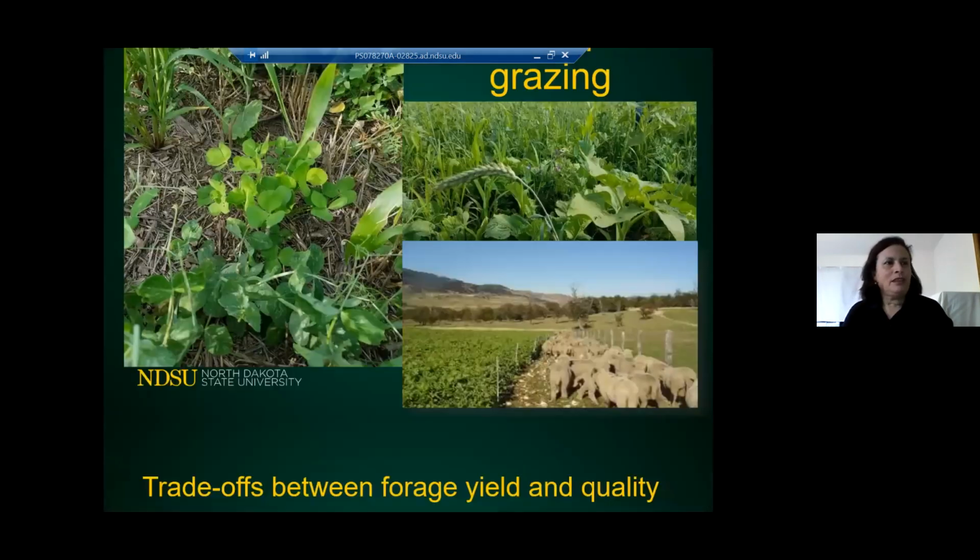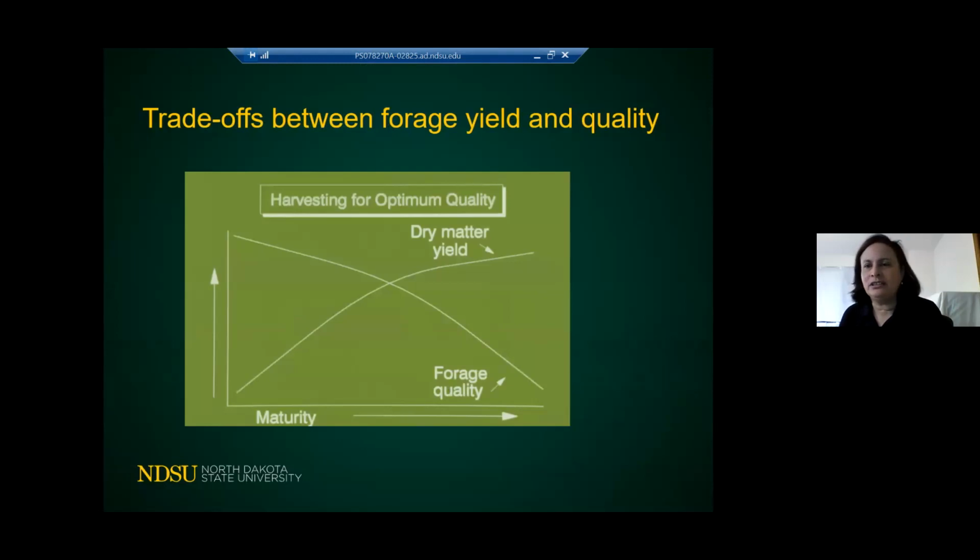So before I go into this, I wanted to show you this graph, and this is for any forage, whether it's a mix or whatever. As the dry matter yield of a forage goes up, that means as it matures, right, the quality goes down. And that's for any plant, okay? The more mature the plant, the lower the forage quality is going to be.